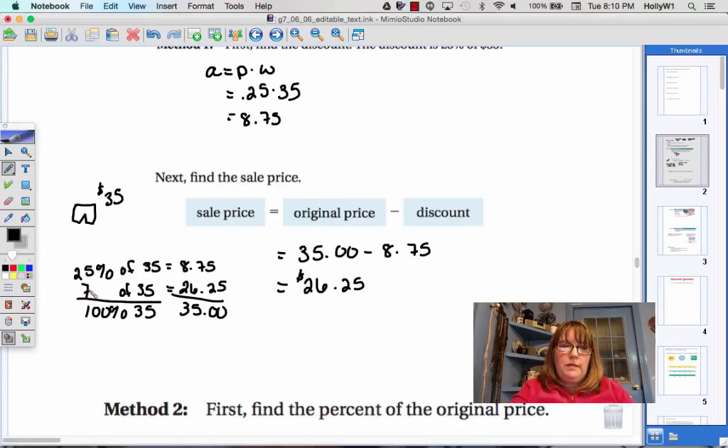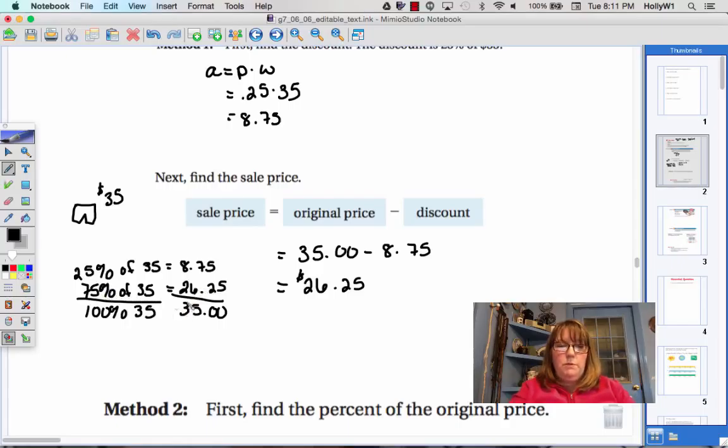Well, it turns out that is 75%. So I can figure out this number by saying I'm going to pay 75% of the 35. In this case, we were finding out what the discount was and subtracting it. So 25% of 35 is the discount that we subtract from the original.